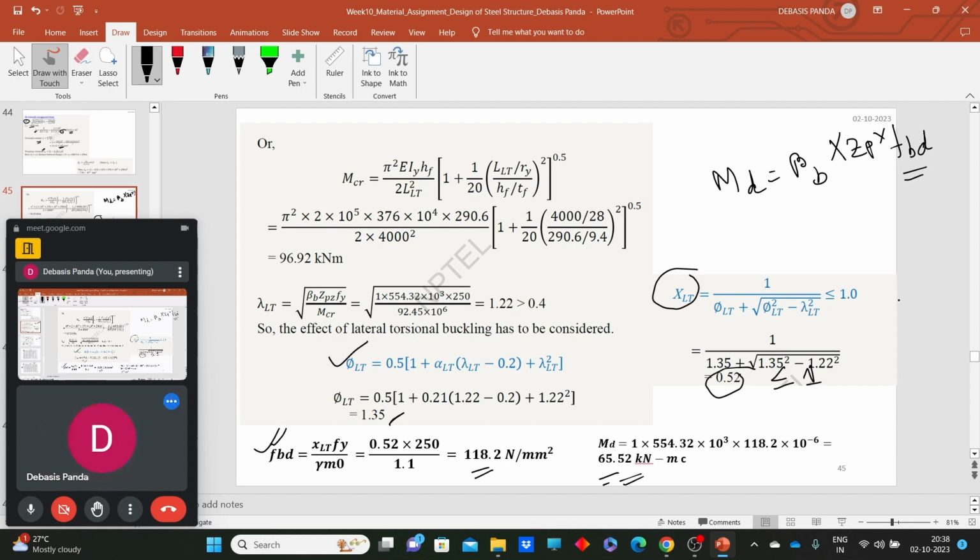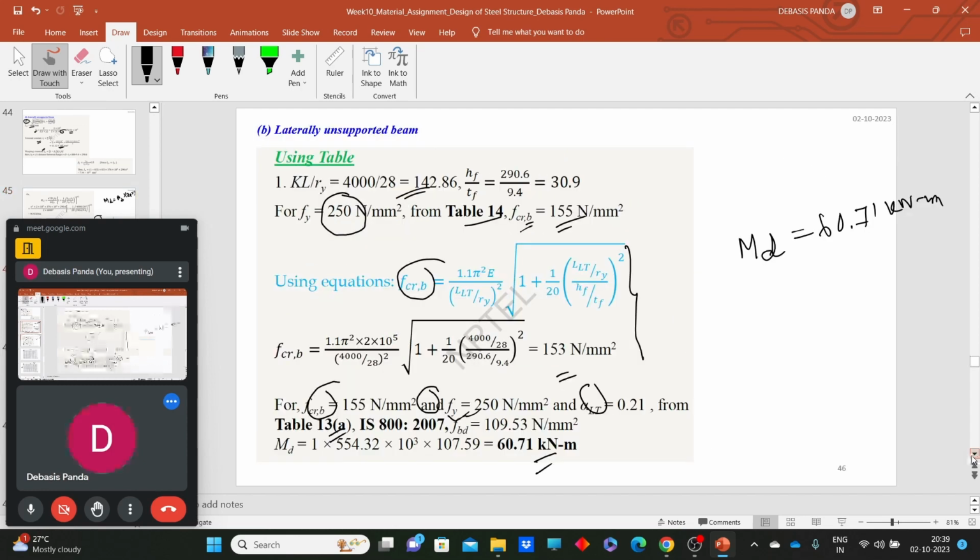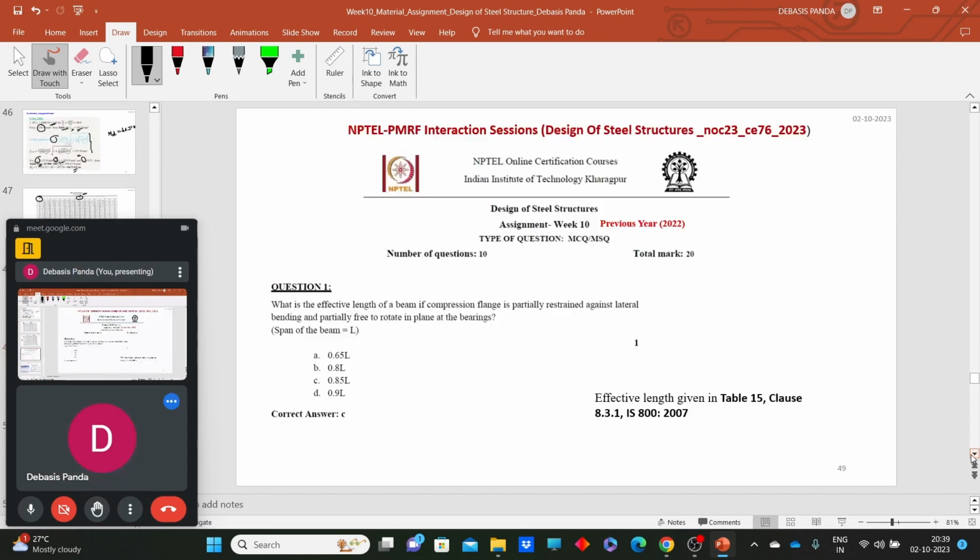But for design purposes, either we can go for the tabular form, or we can go with the equations. So that's all for the beams. Now we will solve the examples. Do you have any doubts or queries? You can ask me, or else we can start solving the previous year questions.